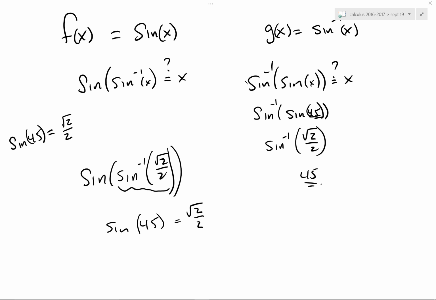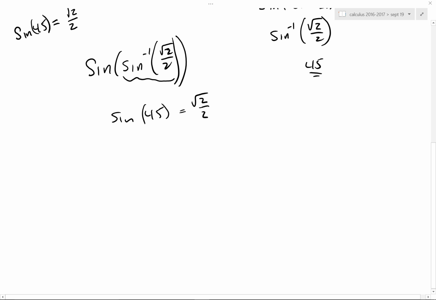But what if I picked a number that I didn't know anything about, like 300 degrees? Now I know what 300 degrees is. 300 degrees is 5 pi over 6, yes? And if I said to Betsy, the sine of 300 is negative square root of 3 over... no, that's not true.